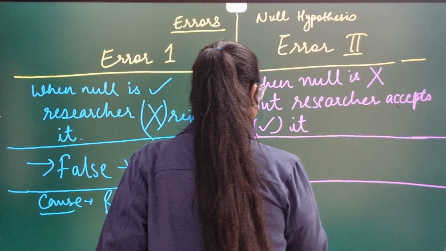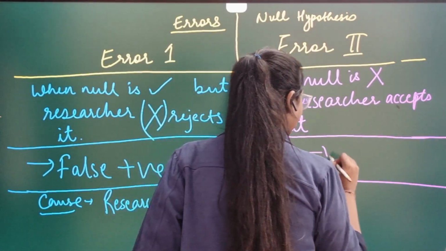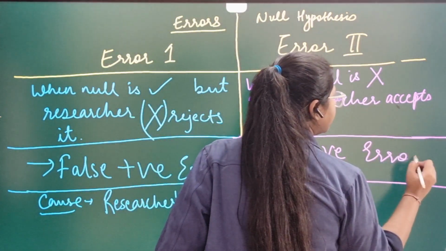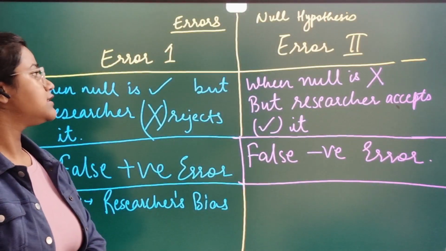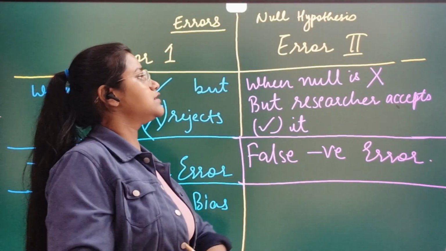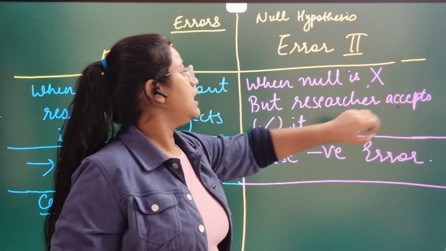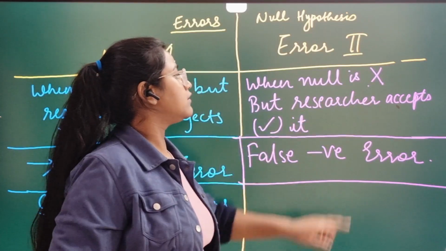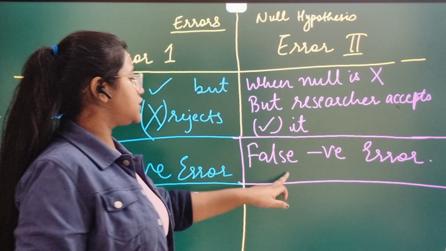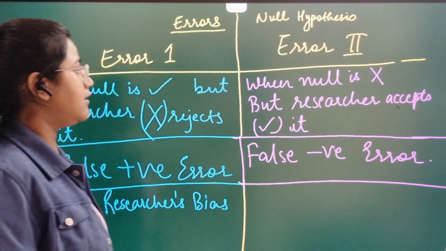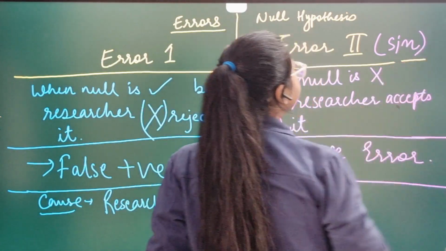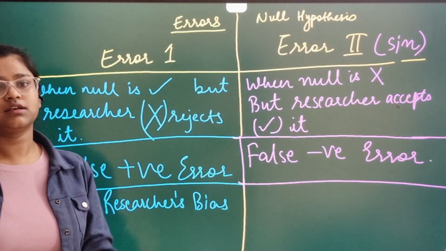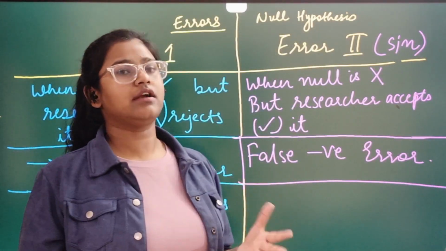This error is called false negative error. What is false negative error, ma'am? False negative error is the second type of error when our null hypothesis is wrong in reality, but the researcher accepts it. Okay? This is also called false negative error. It is a sin because it attacks the ethical standards of research.